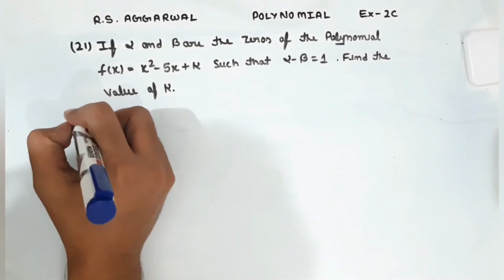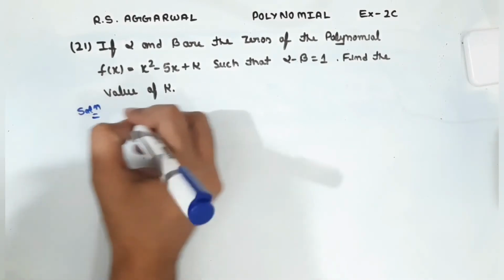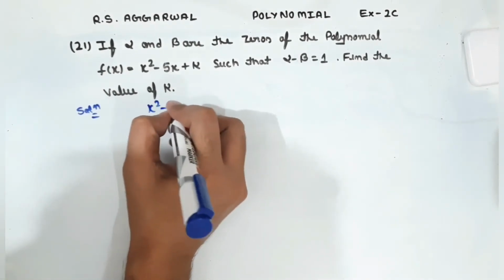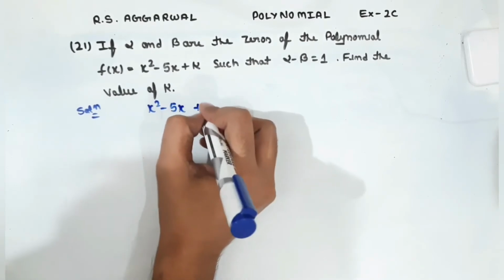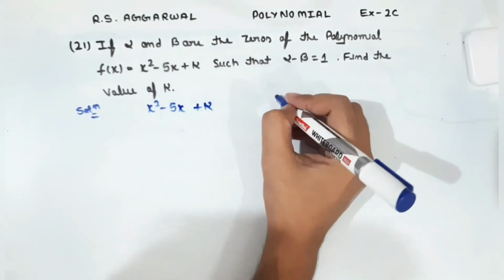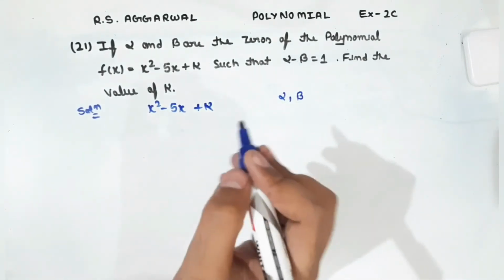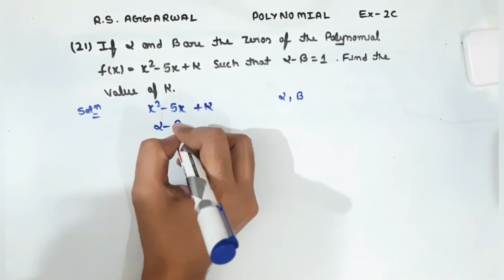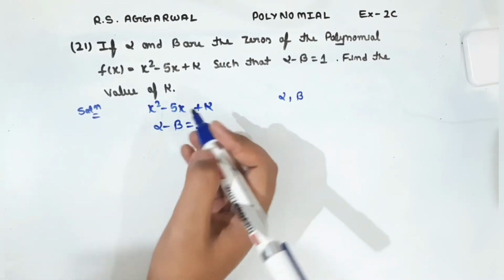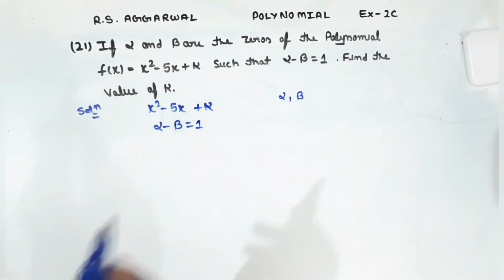So in this problem, we have a polynomial x square minus 5x plus k, whose zeros are alpha and beta, and we are given that alpha minus beta is 1, and we have to find the value of k.